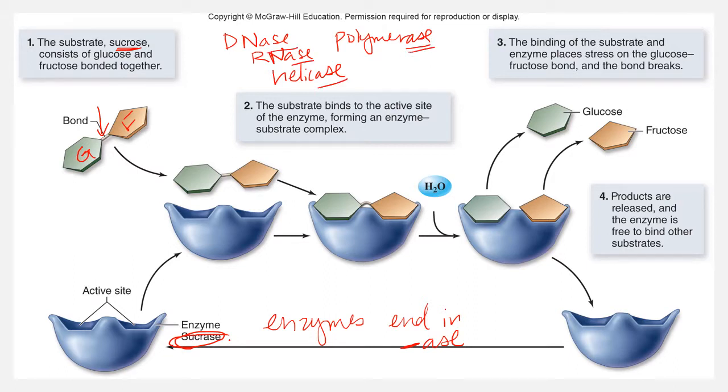So this sucrose binds to the active site. So there's a spot precisely for the glucose and precisely for the fructose. Now active sites are very, very specific. They will often only accept one type of substrate. Very specific.